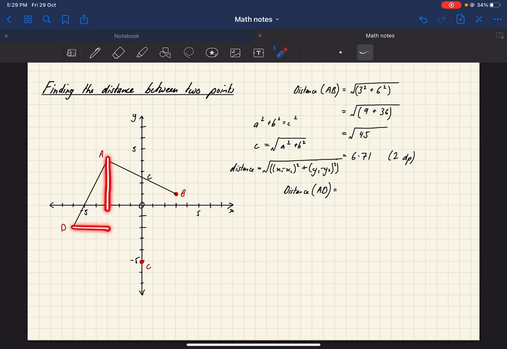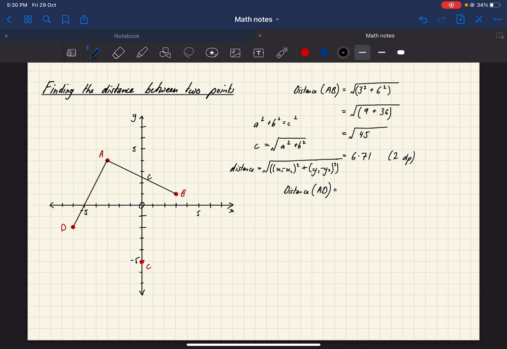And the y1 minus y2 gives you the distance between the two y coordinates, which is the same thing that we used in this formula here with the two short sides of the triangle. In this case, we're trying to find this side here. That's our longest side. That's C. So the formulas work the same way.